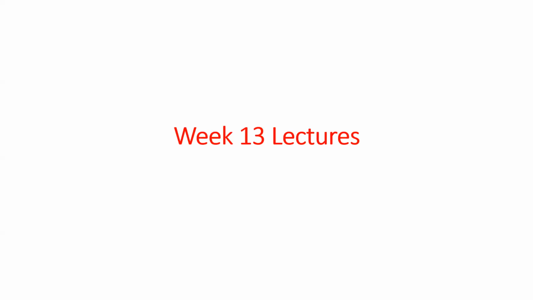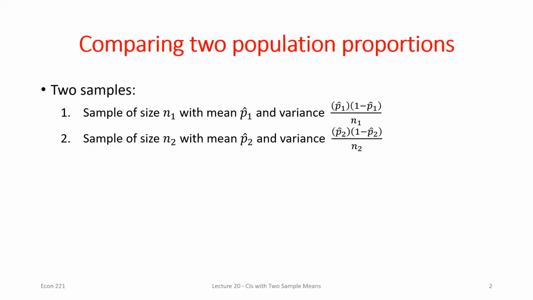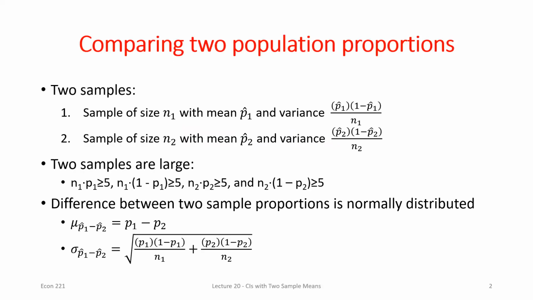Okay. So with proportions, I think I showed you this at the very end of last class. We know that each sample proportion is going to have this as its variance. So a similar idea, if we want to build a confidence interval, we're now looking at the difference between sample proportions. Just like with one population, if we're using proportions, we can always use that standard normal distribution.